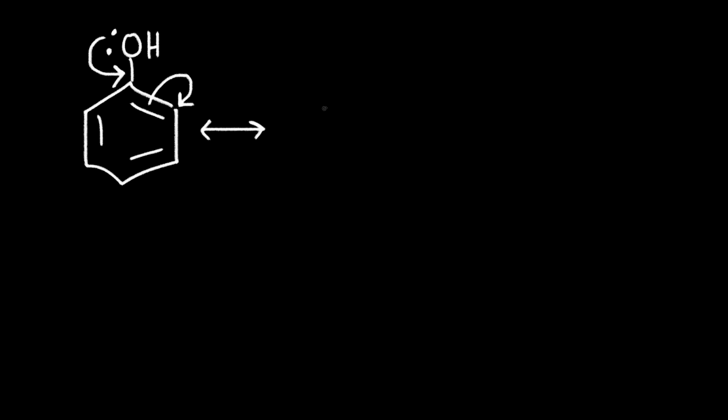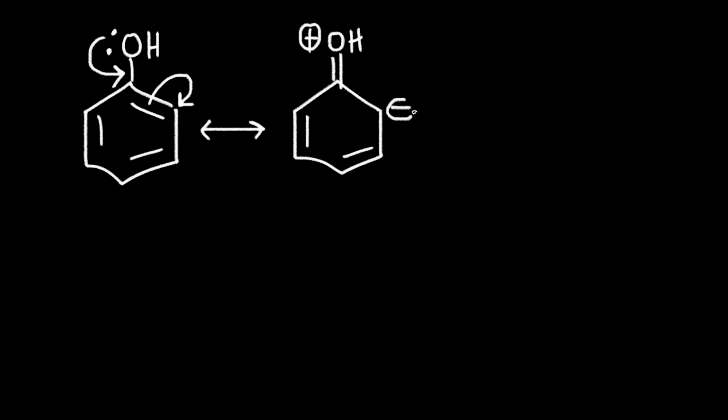If we draw out the result, we have a double bond between the oxygen and the carbon. This oxygen has a positive charge because it's donated electrons away from itself, and it has 3 bonds. These bonds are unchanged, and we're no longer going to have a double bond here; instead we have a negative charge on this carbon because it's gained the electrons from that double bond.